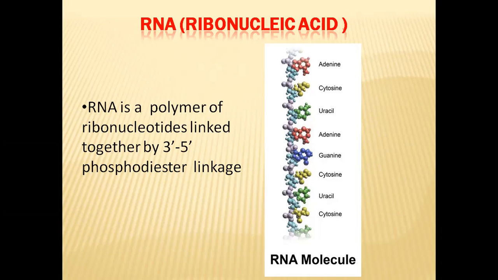RNA, like DNA, is also a polymer of nucleotides. But here the nucleotides present in RNA are called ribonucleotides. All these ribonucleotides are linked to each other by 3' to 5' phosphodiester bonding.